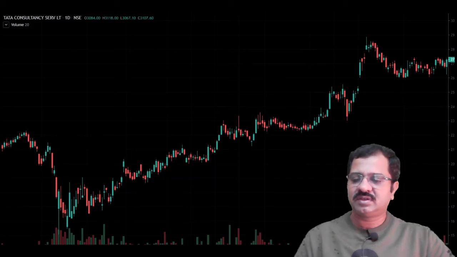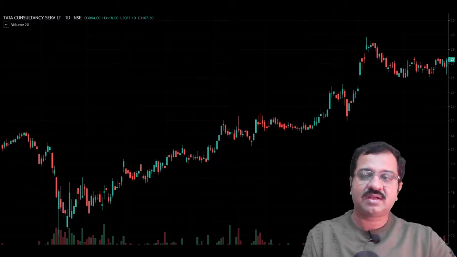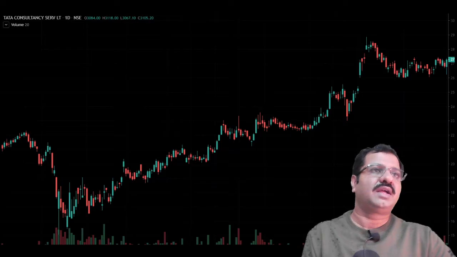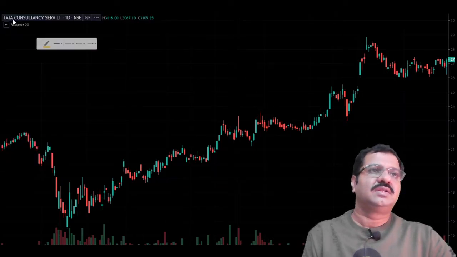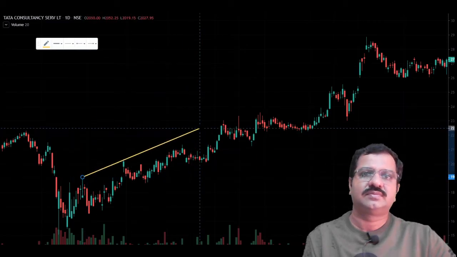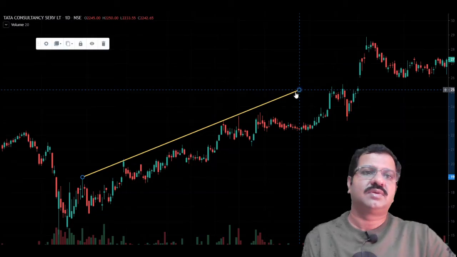But there are different types of support and resistance levels also, and we call them trend line support or trend line resistance levels. So now I am drawing a trend line from here. This is one trend line.